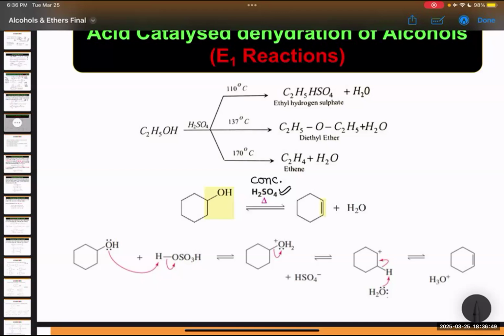Concentrated H2SO4 or concentrated H3PO4. So what happens? This OH gets protonated. Otherwise, the OH can't come out. If it gets protonated, it becomes OH2 plus. This pulls the electrons because OH2 plus is very polar, with a plus charge on oxygen. This pulls the electrons of its bond and comes out as water.